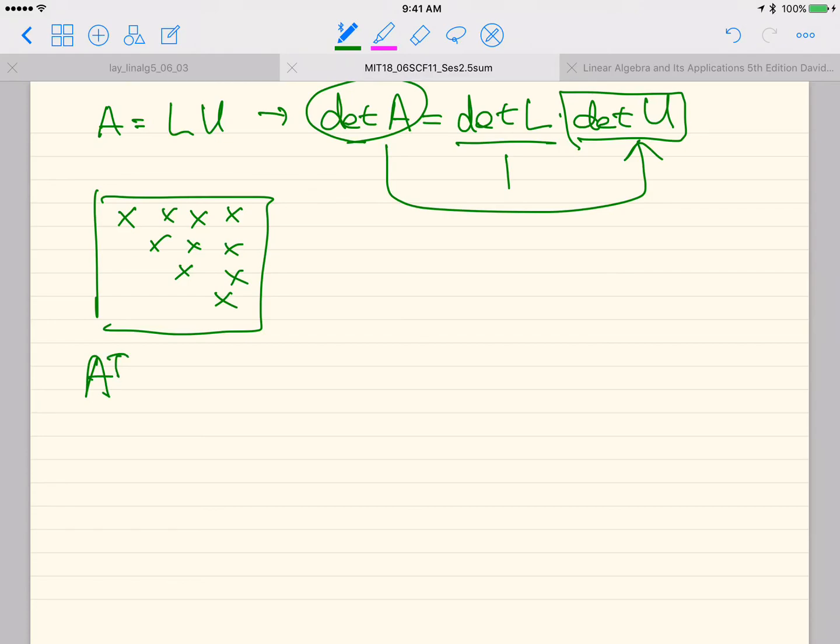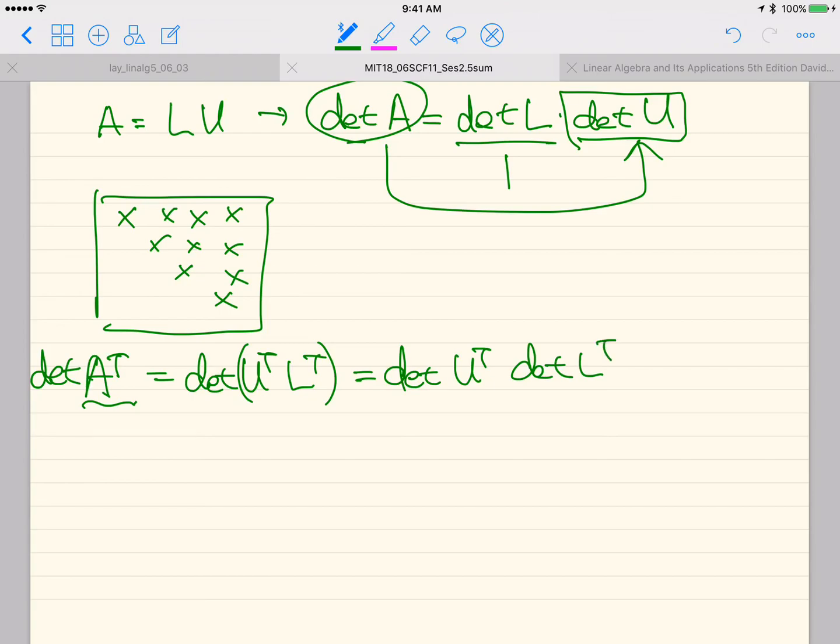And then let's think about A transpose. We still didn't prove that the determinant of A is the same as the determinant of A transpose. And so we start separately from A transpose and its determinant. Then A transpose will become U transpose L transpose, and then we are using property 9 again, and then the determinant of U transpose times the determinant of L transpose. And L transpose will still be a triangular matrix, but instead of lower triangular, it becomes upper triangular, and the diagonal elements will all be 1.